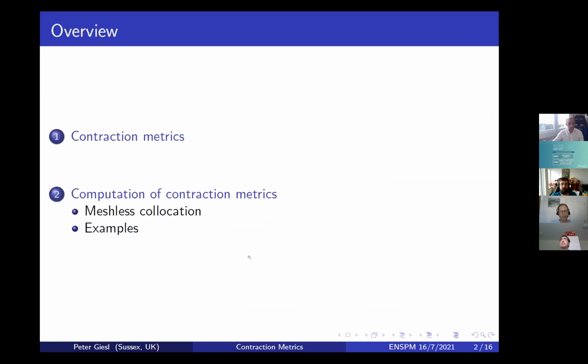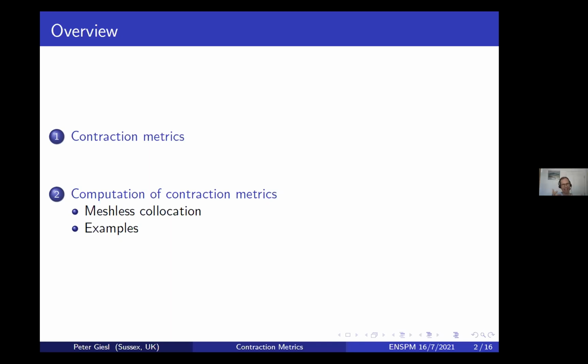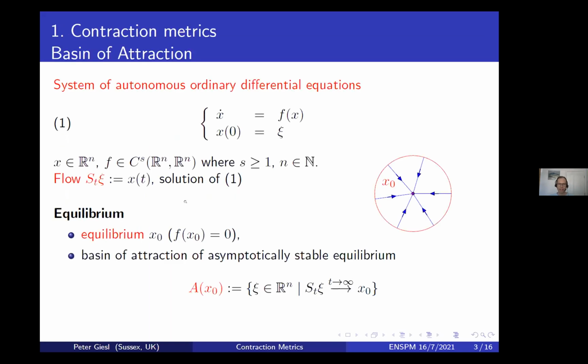So the first part will be about the analytical and theoretical foundations of contraction metrics, what they are, what they do, why we need them, and also a little bit how we can find them. But actually, we will find them mainly through computation, and that's the second part about the numerical methods that we're looking at, meshless collocation, how to compute them, and then a couple of examples.